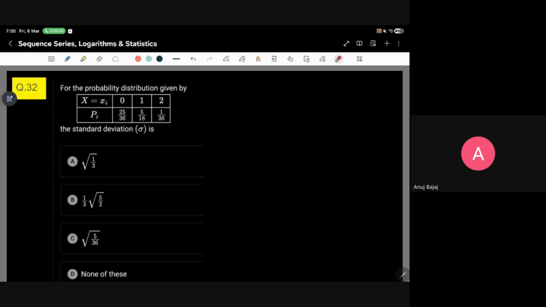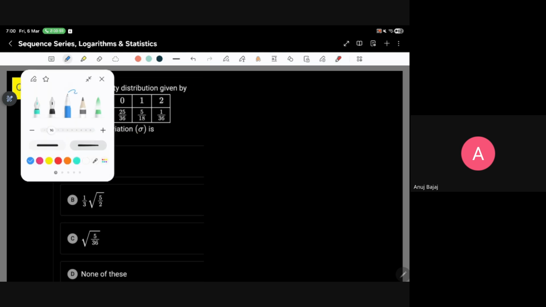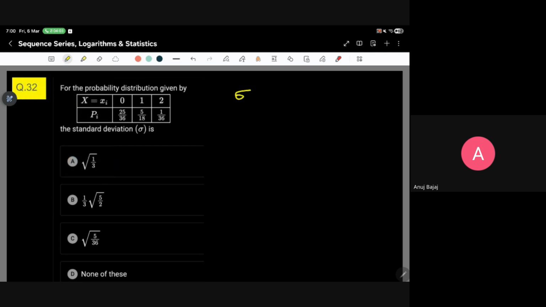See, whenever you have this probability distribution and you have to find standard deviation, we never directly find the standard deviation, we always find the variance. So the formula for the variance is 1 upon n summation of fi into xi whole square minus mean whole square. Okay, this 1 upon n is with only this term. This is the formula.